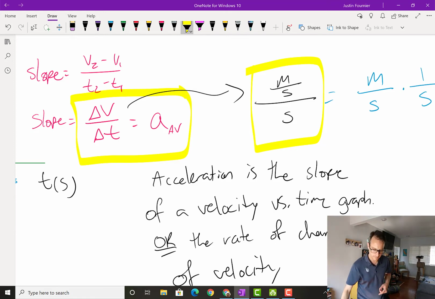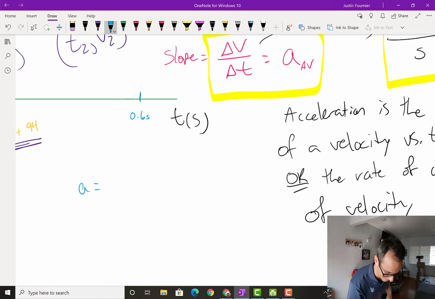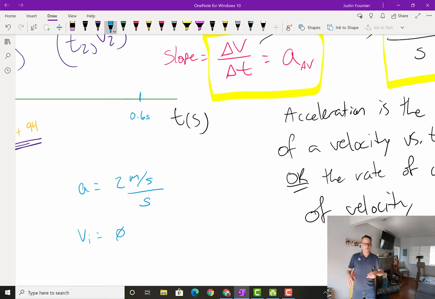So again, just to be clear, my acceleration is 2 meters per second, and then my initial velocity is 0. So if I'm at rest and I'm accelerating at 2 meters per second, then the next second, I'm traveling at 2 meters per second. And now if I'm accelerating at 2 meters per second, then the next second after that, I'll be traveling at 4 meters per second.